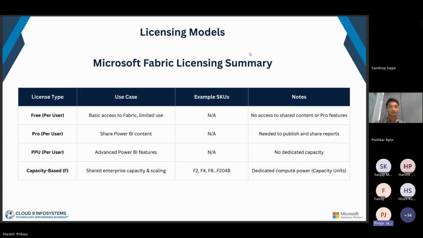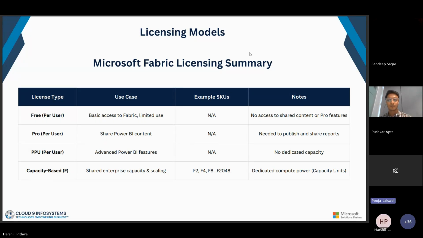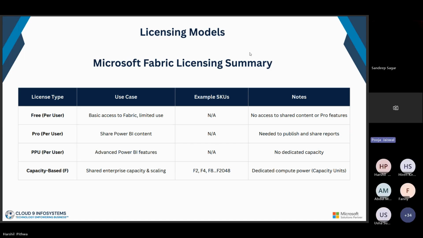It has dedicated SKUs as mentioned, like F2, F4, F8. So based on the requirement and the factors required, we can just start with these capacities. All the factors required to calculate these capacities are in the next slide. Please, next slide.